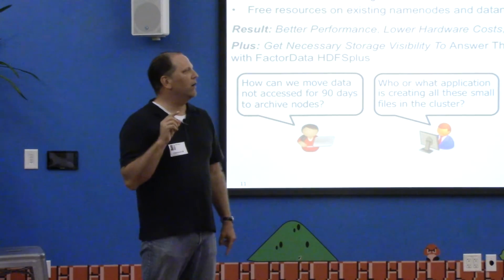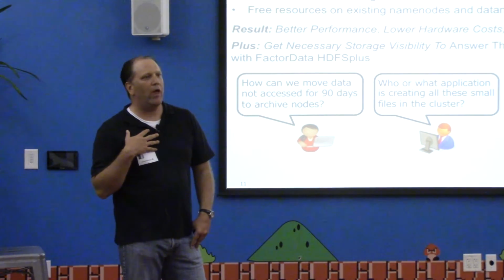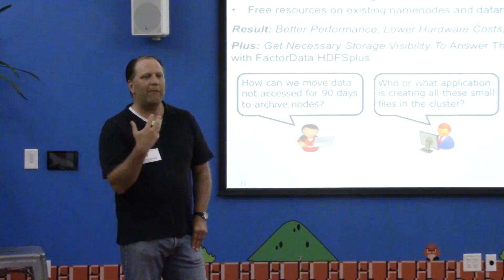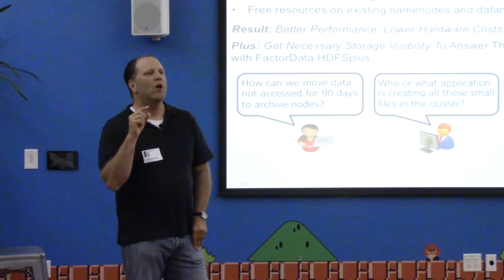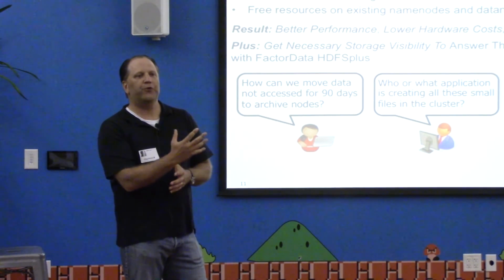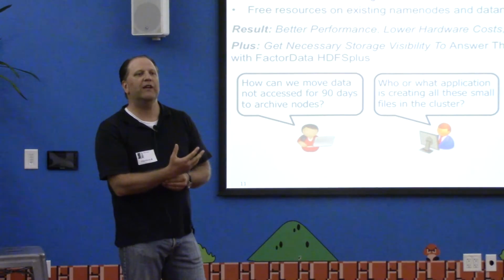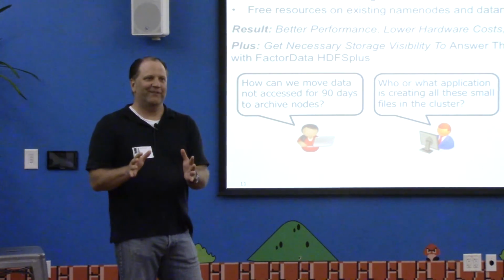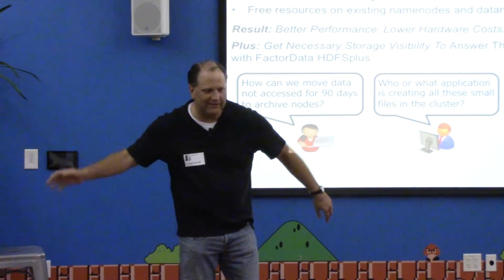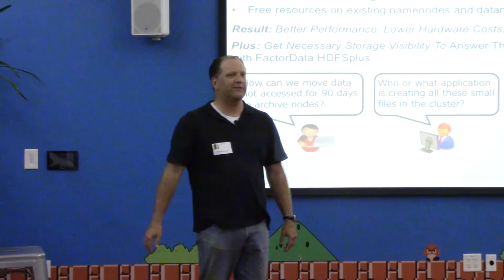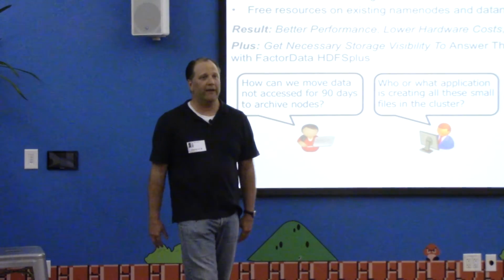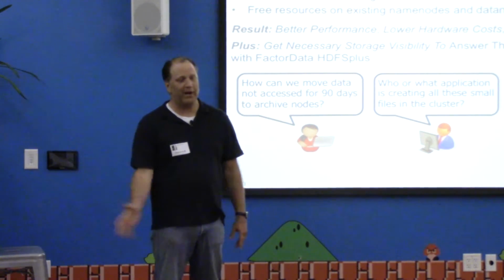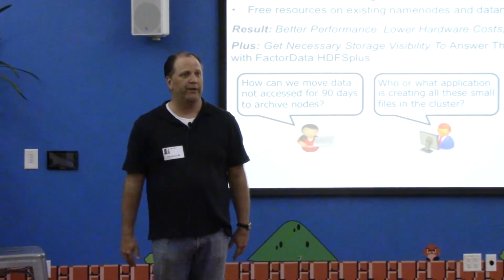So when we say we will help you automatically optimize, what we do is we actually change the storage policy on the files that you want to change the storage policy for, and we'll do that in batches. We won't do it all at once. We won't change all 86 million files. That would be bad, because when Mover runs, it's going to try to do everything, just like Balancer would, right?